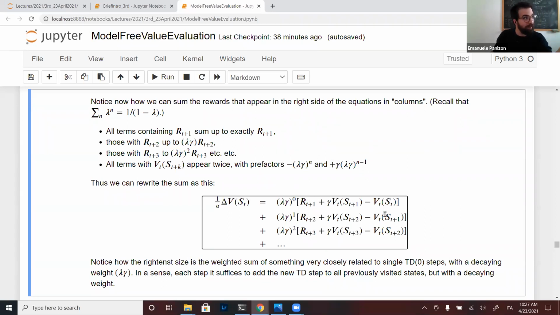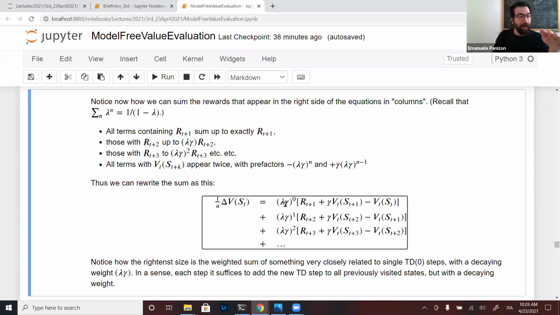And now you can see that this term here corresponds to something very, very similar to my delta. Okay. This is the reward plus gamma v minus v when you have only one passage of state. This is state t plus 1, t plus 2, and I have the reward.